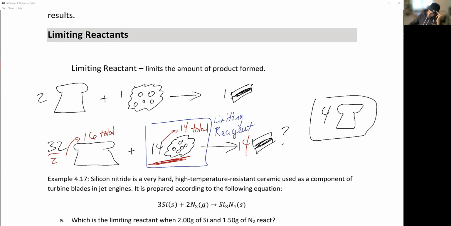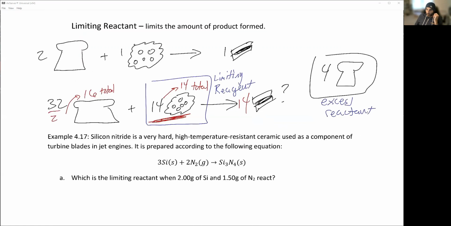We would call this the excess reactant. If you have many reactants, there's always one limiting reactant, and everything else is in excess. That is the concept behind limiting reagent or limiting reactant. There's always something that's going to stop the reaction from continuing because you've run out of it.